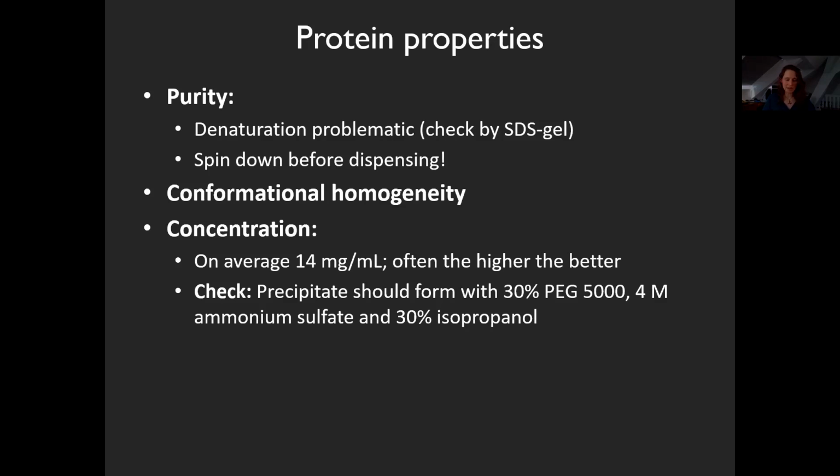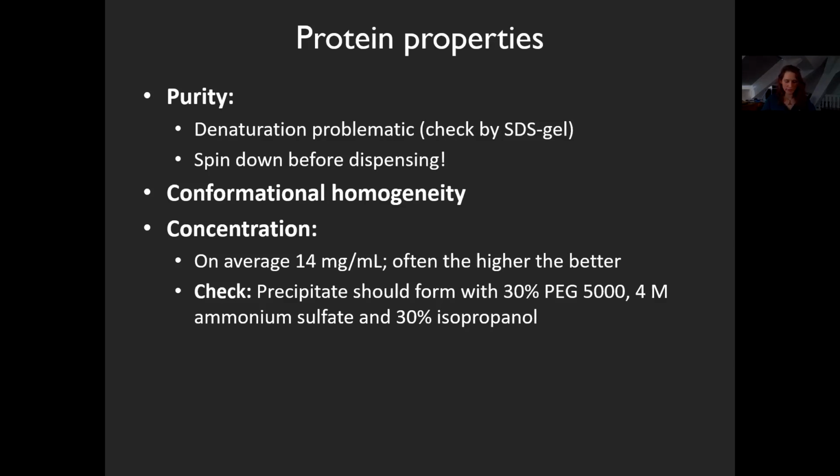You know that you have a good concentration when you can make the stuff precipitate on purpose. And in order to do this, you make one drop with 30% PEG 1000, formula ammonium sulfate and 30% isopropanol. If it does not precipitate with this, you need to increase concentration further because, well, it should fall out.